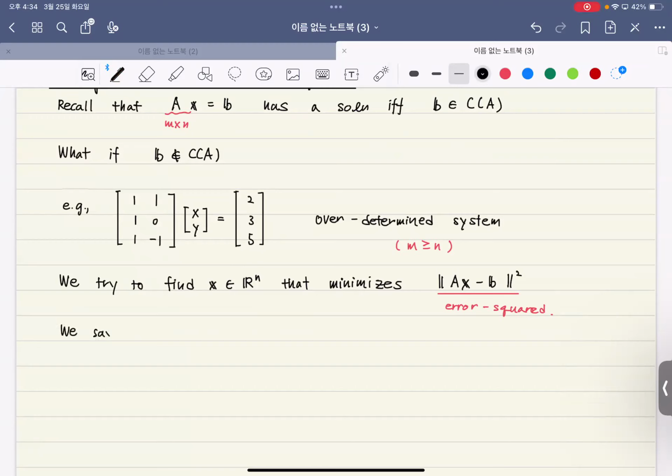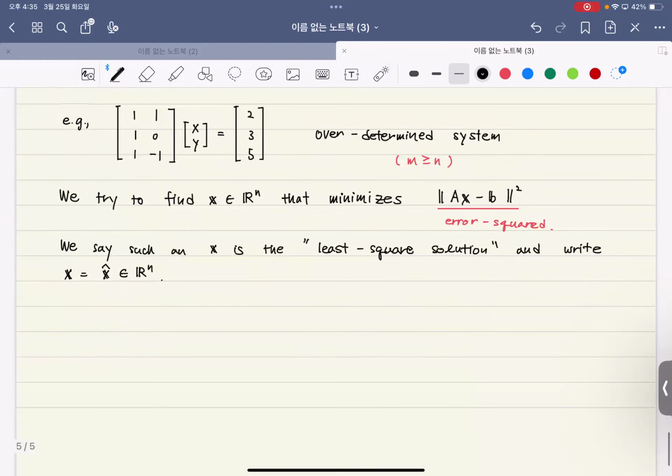We say such an x is the least squares solution, and write x hat, in Rn. So we want to find x hat that minimizes the squared error.